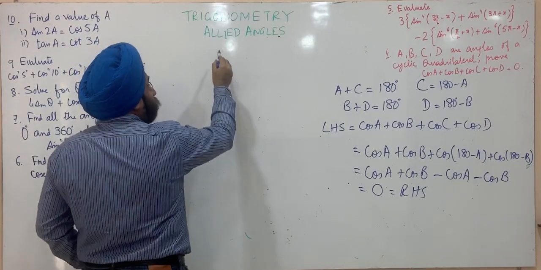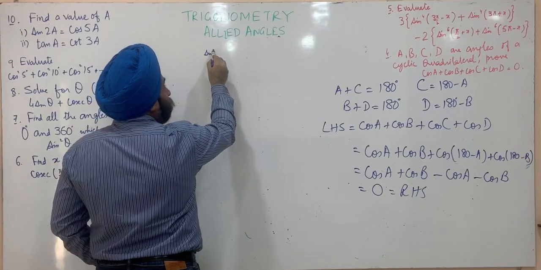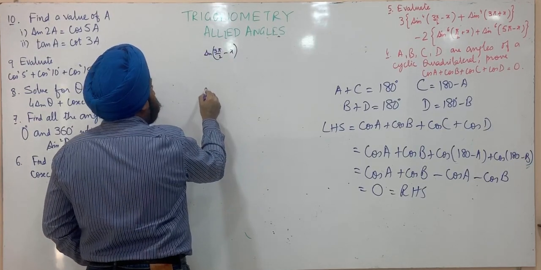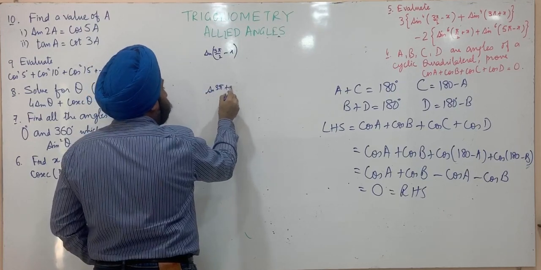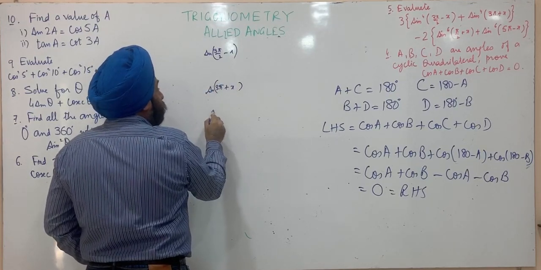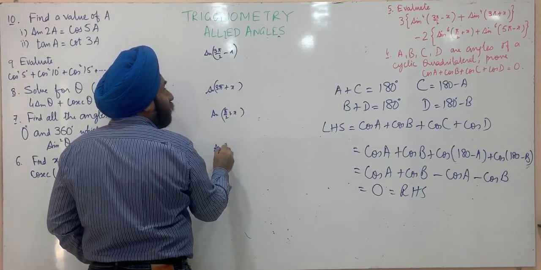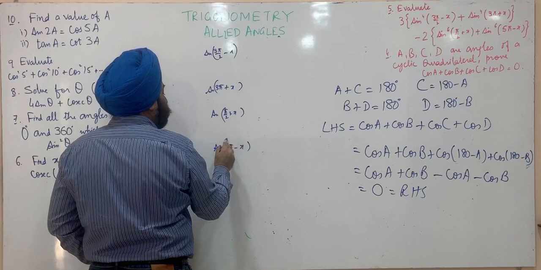The next one, let's find out sine of 3 pi by 2 minus x. We will find out this, then sine(3 pi plus x), then sine(pi by 2 plus x), and sine(5 pi minus x).